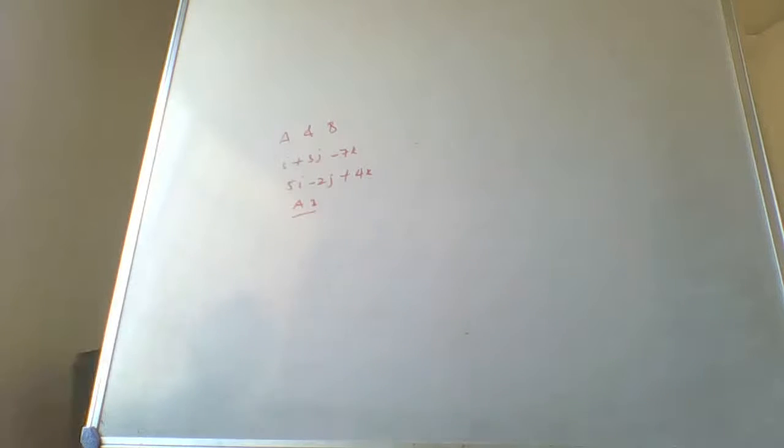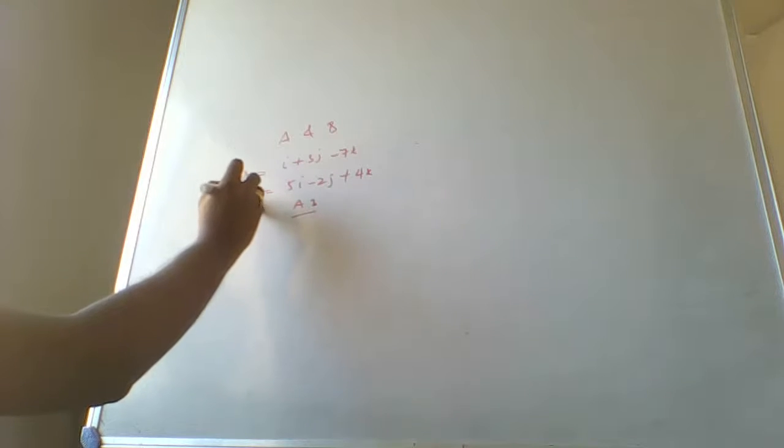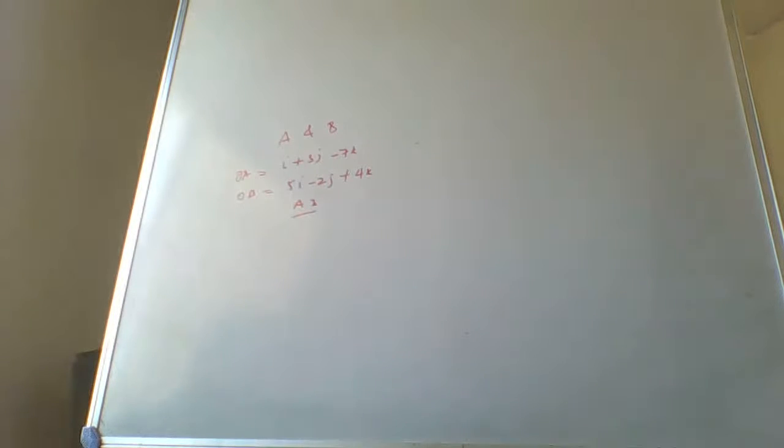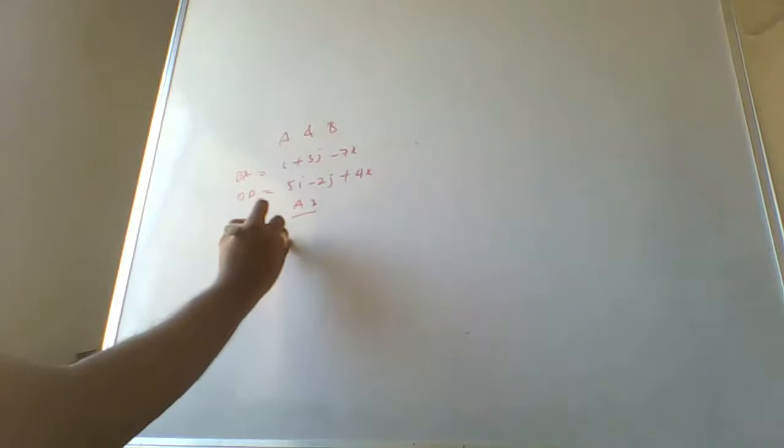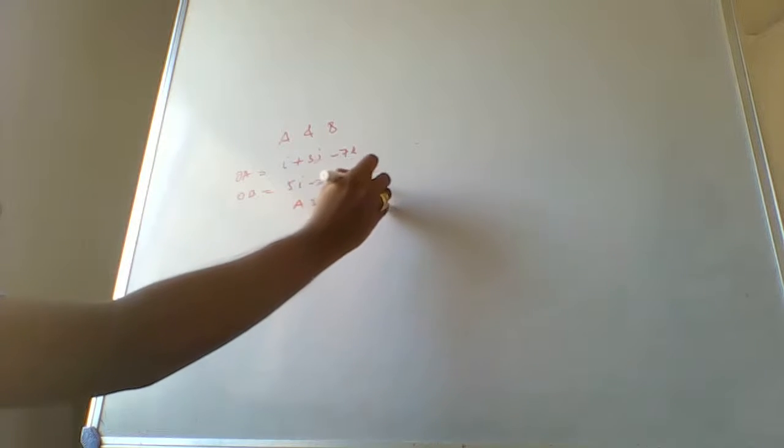I've been given two vectors, i plus 3j minus 7k and 5i minus 2j plus 4k. This would be OA and this would be OB. So AB would be OB minus OA.